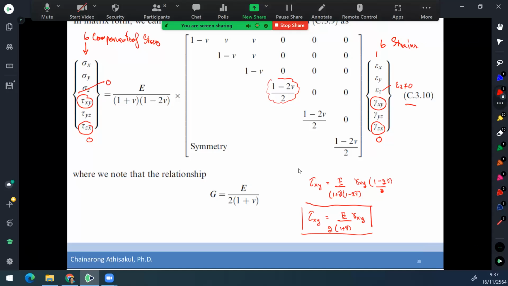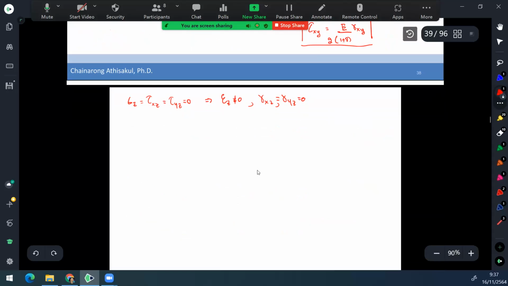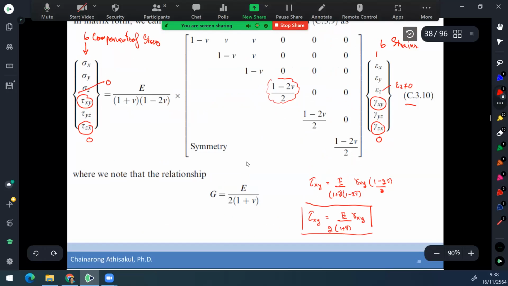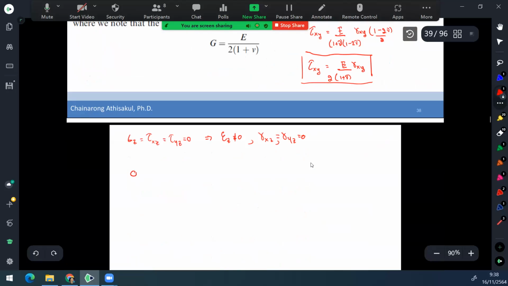So if we consider the third equation, what happens to it? In this equation, sigma c becomes 0, and it's equal to what?